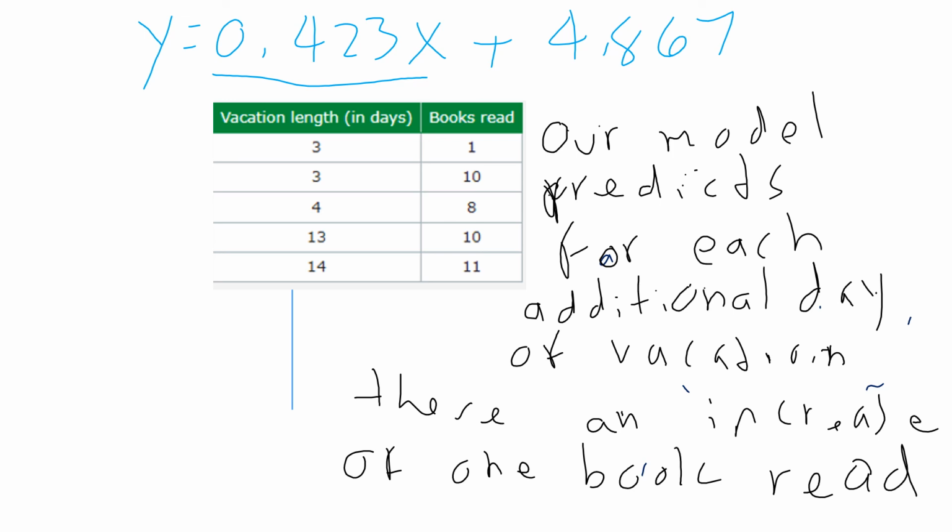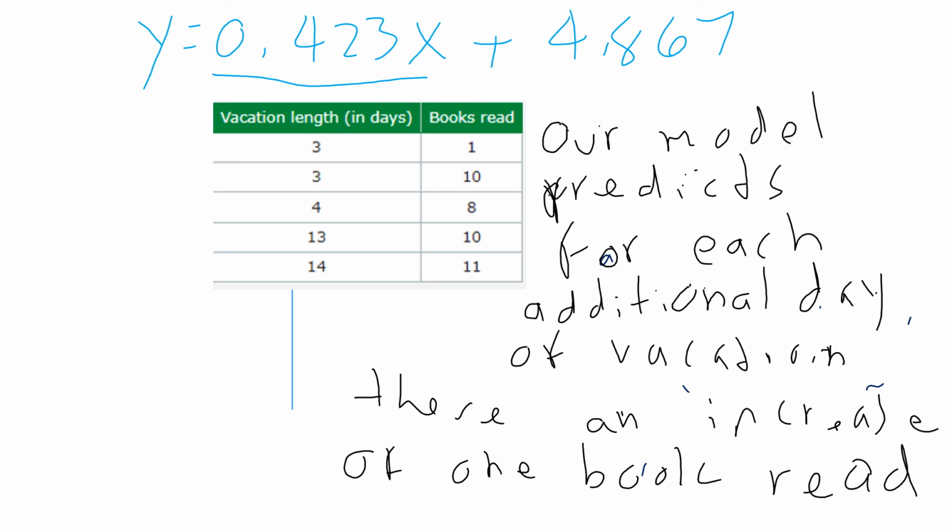Again, the slope, let me talk about this. The slope is 0.423, but because you are dealing with the situation, you got to talk about it as 1, because you're mainly talking about the book.